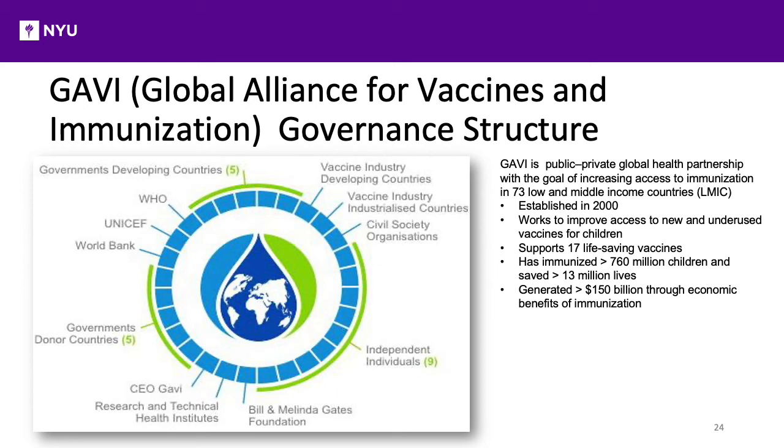It has generated over 150 billion through economic benefit. The schematic on the right shows the governance in terms of the board of Gavi. Because Gavi uses an innovative public-private partnership in which there are different organizations that sit on its governance board, Gavi is one of the unique institutions or governance structures within global health.